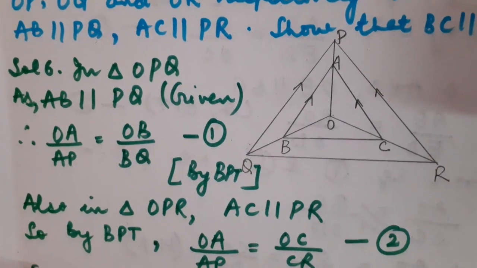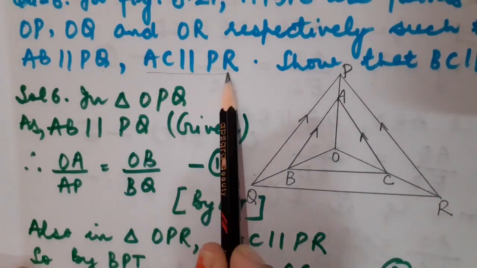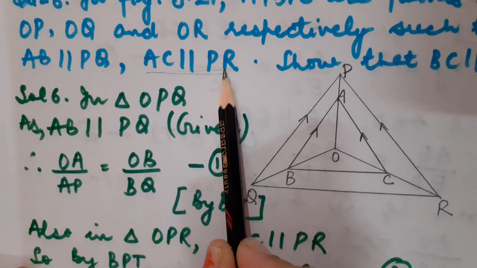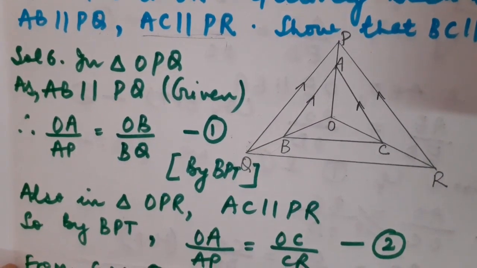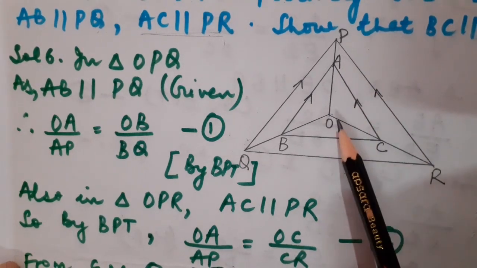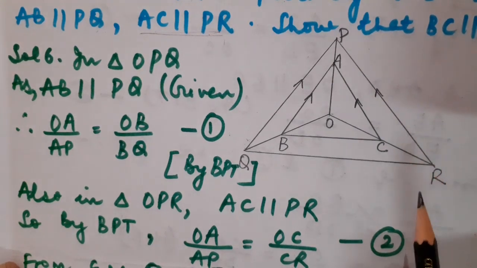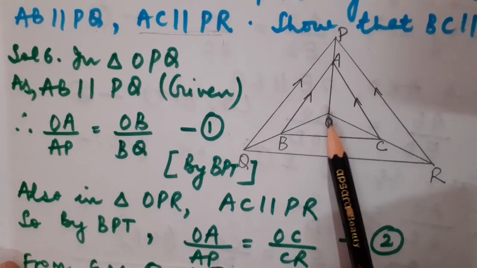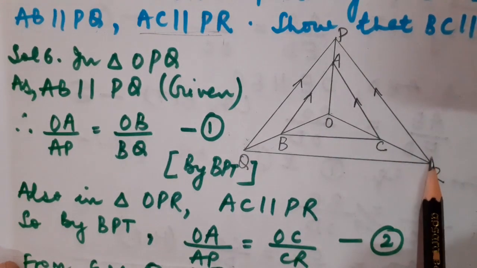Got it? Now have a look at what else is given. AC is parallel to PR, given. So let us choose that very triangle in which these two parallel sides are lying. So which triangle children do I have to choose? I have to choose triangle OPR. Have a look at the diagram. In triangle OPR, you can see that AC is parallel to PR.